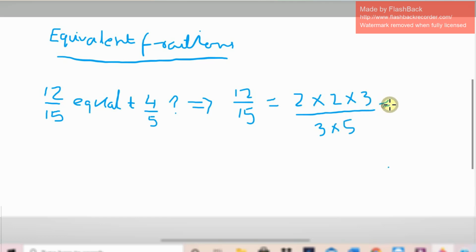So we'll multiply these two statements, these two numbers, and that is 4/5.